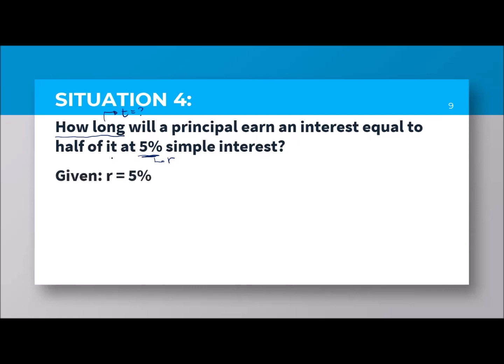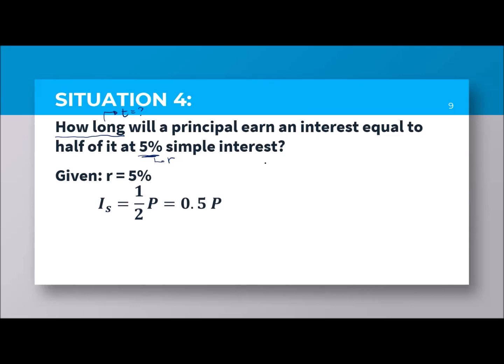So, ibig sabihin, ang rate natin ay 5%. Ito yung ibig sabihin ng principal earn an interest. Ito yung interest natin, I sub S. Dapat daw equal siya sa kalahati man lang ng principal amount. Okay? So, yan ang ibig sabihin nun.